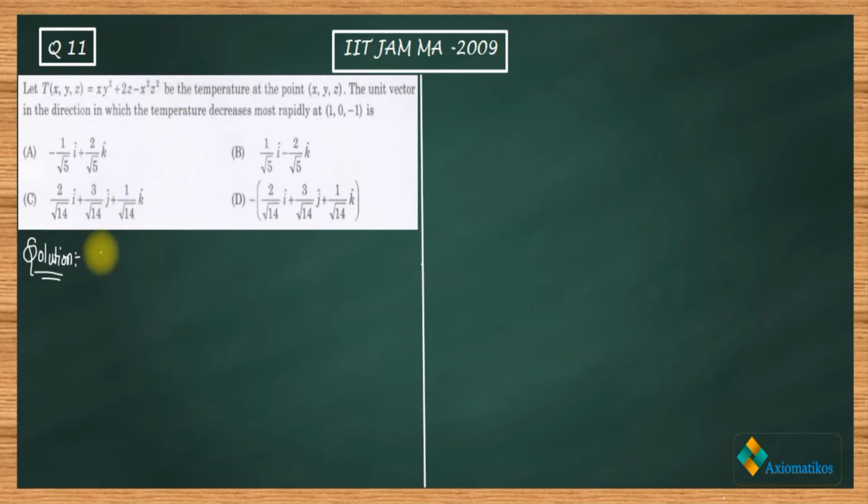We are given a scalar function T, a three-variable function, defined as xy² + 2z - x²z². So this is your problem.